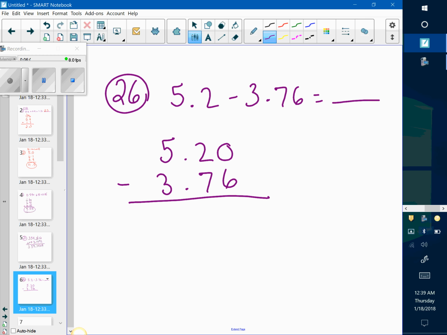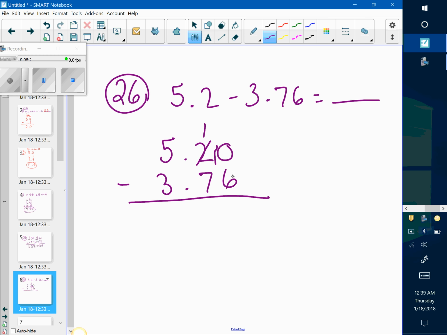For subtracting, you could put this in a calculator, of course, and figure it out very easily, but if you don't have a calculator, if the top number is smaller than the bottom number, then you need to borrow. So you have 0, you'd have to borrow from the 2. That would make it 1. So it lowers down to 1. Borrow, and that makes that 0 a 10.